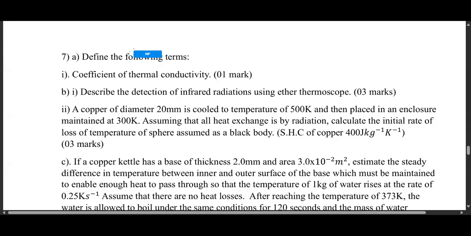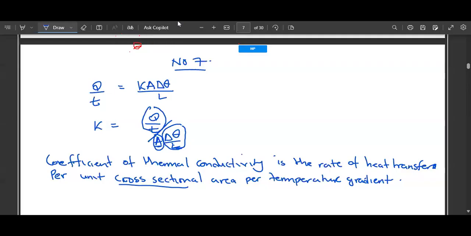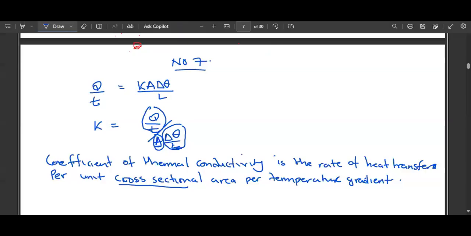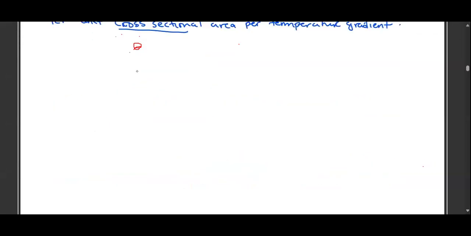Liquid ether. Liquid ether has the ability to expand after absorbing what? After absorbing the heat. Now, for this case, part B Roman number 1 shall begin with a diagram.